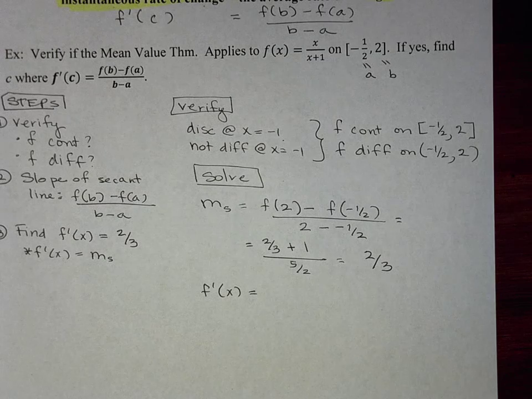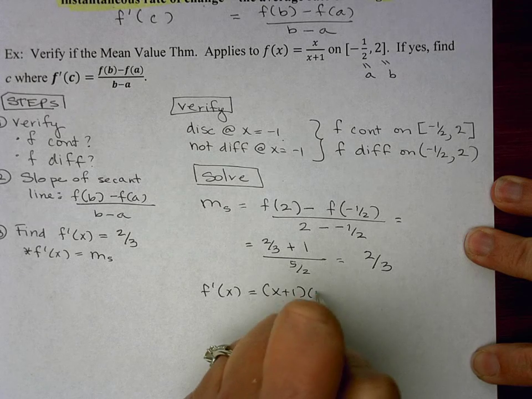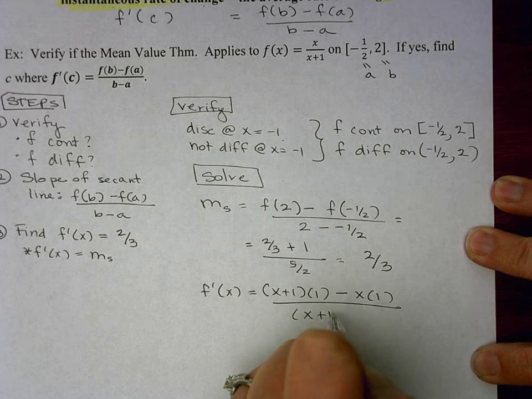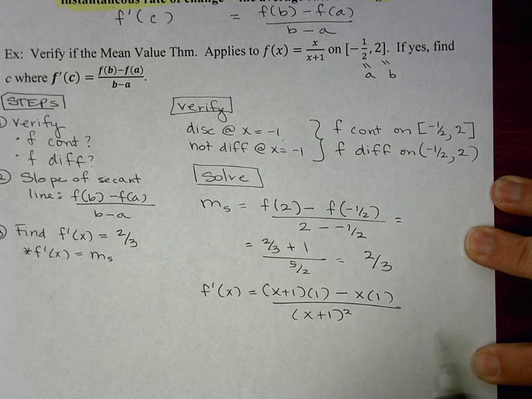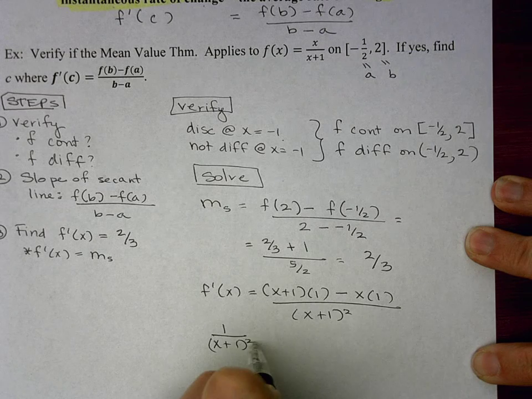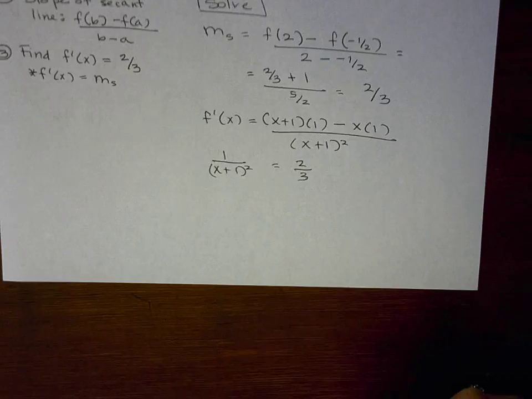And then after you do low d high minus high d low all over the square of what's below, go ahead and simplify it a little bit because we'll need to solve this equation. And so when you simplify that equation, hopefully you got 1 over x plus 1 squared, and then equals 2/3. And then from here, we just need to solve this equation.